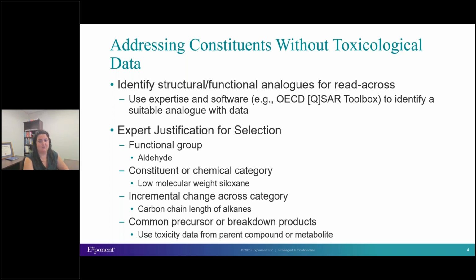We also make sure to address, when relevant, precursors or breakdown products for the constituent. So one example is Irganox 1010. This is an antioxidant stabilizer commonly used in polyethylene devices. And in the extraction studies for these devices, we often get a lot of di-tert-butyl compounds that look similar to butylated hydroxytoluene, or BHT.